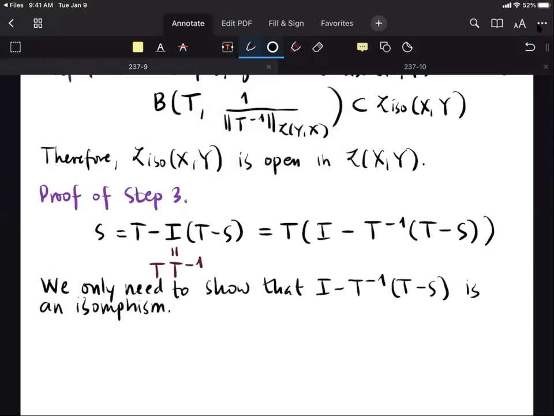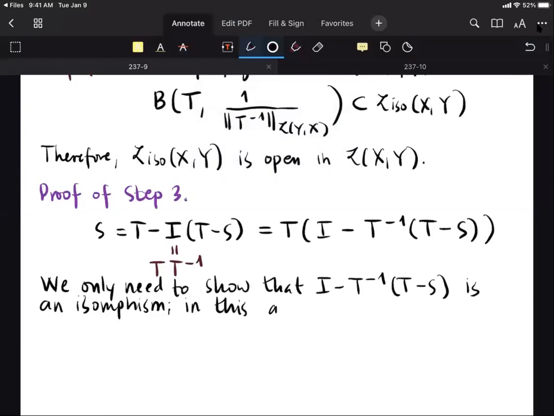And why is that? If the second term is an isomorphism, in this case, the inverse of S is in fact given by I minus T inverse T minus S, the quantity, take the inverse, and then T inverse. So similar to the case of matrices, for the inverse of the product, you can distribute the inverse, but interchange the order.